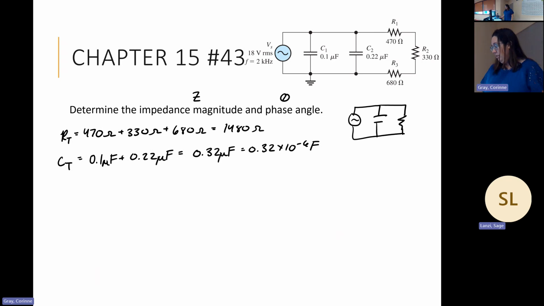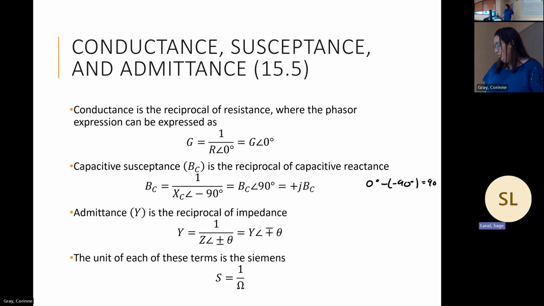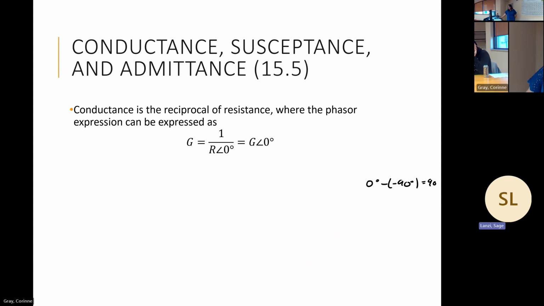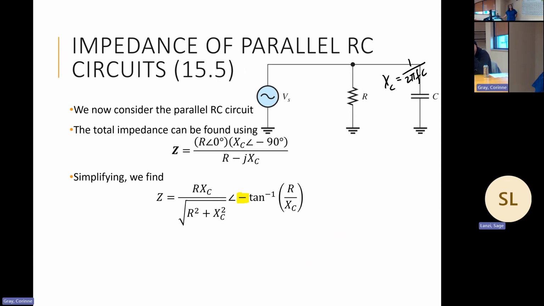With doing that, do I need to use these equations here? Why not? Because it's extra math to get to the same point. Okay, so what do you want to use instead? For this one, we can just start with this impedance equation here. We can find XC, we're going to need that anyway to find BC.